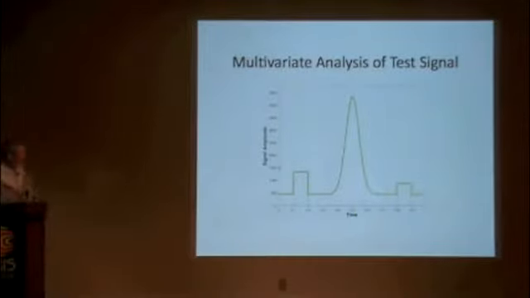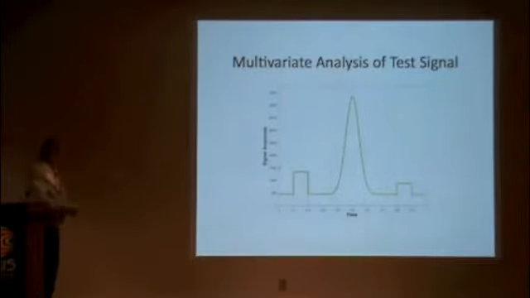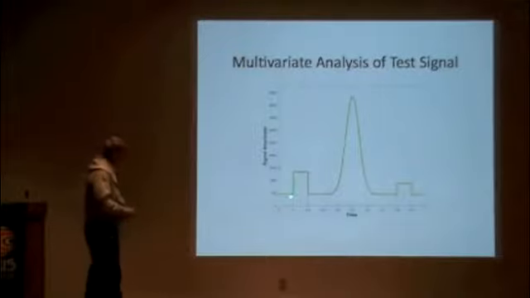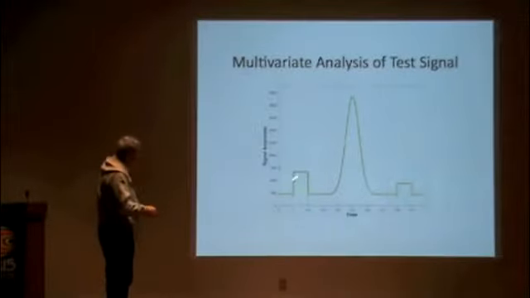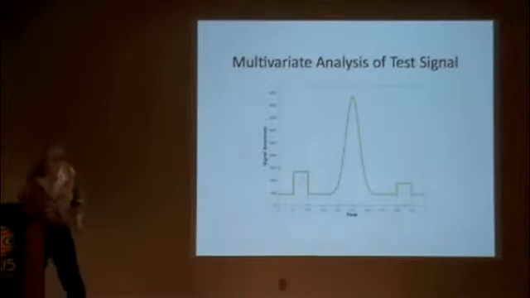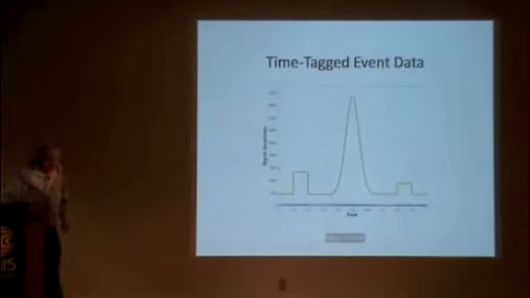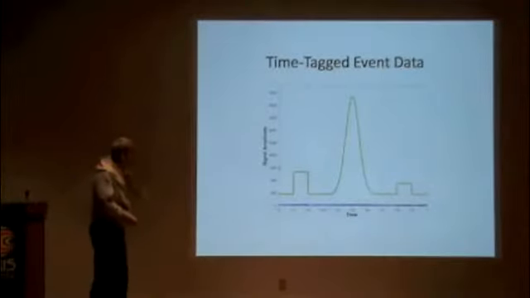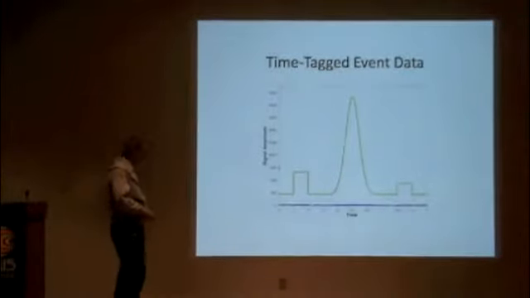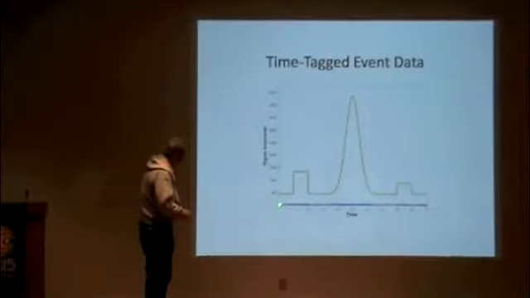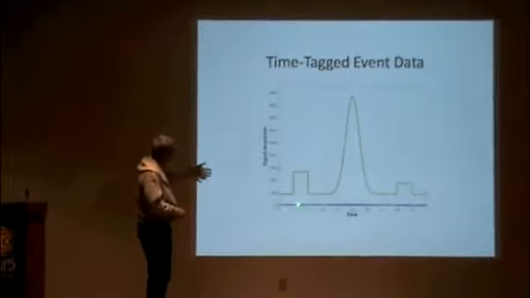But assuming that the changes are occurring at the same time, here's a test signal that I just generated arbitrarily. It's two blocks with infinitely sharp edges and then a normal distribution in the middle. And event data would be a set of photons drawn from this probability distribution. And of course, you have the usual problem with how do you display the data.